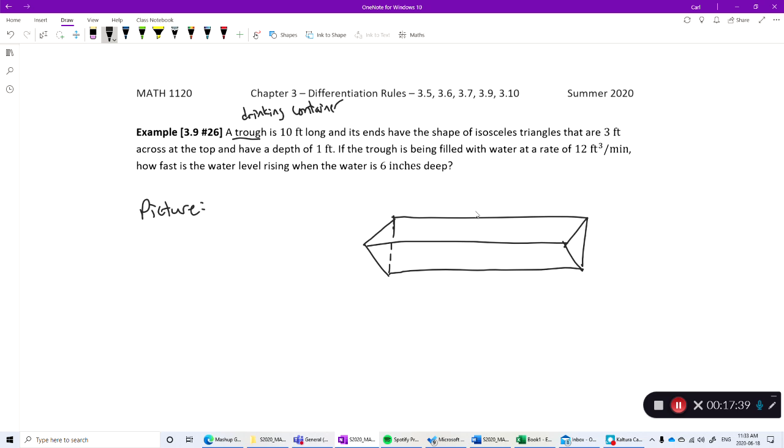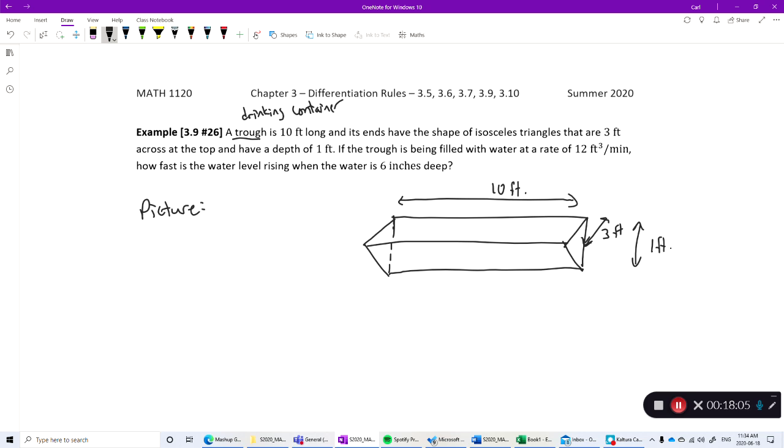10 feet long, and its ends are isosceles triangles that are 3 feet across at the top, and it has a depth of 1 foot. So that would be going this way. It's 1 foot.